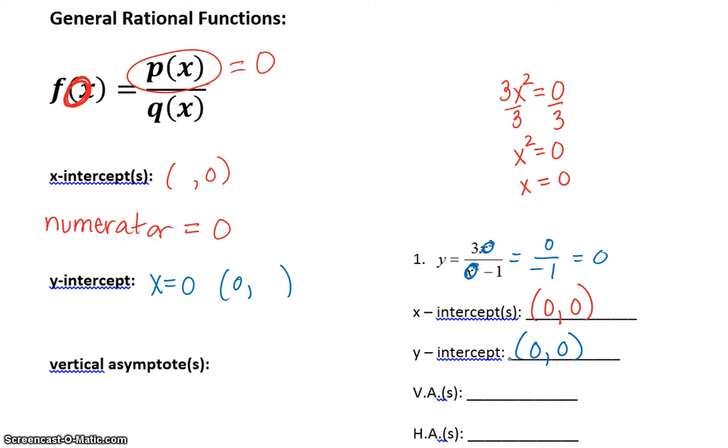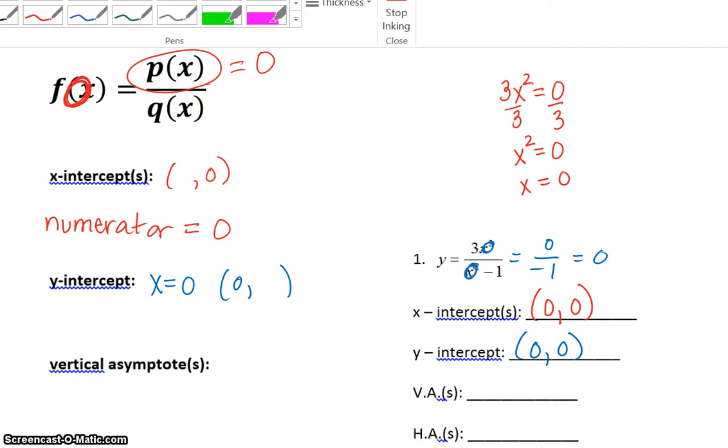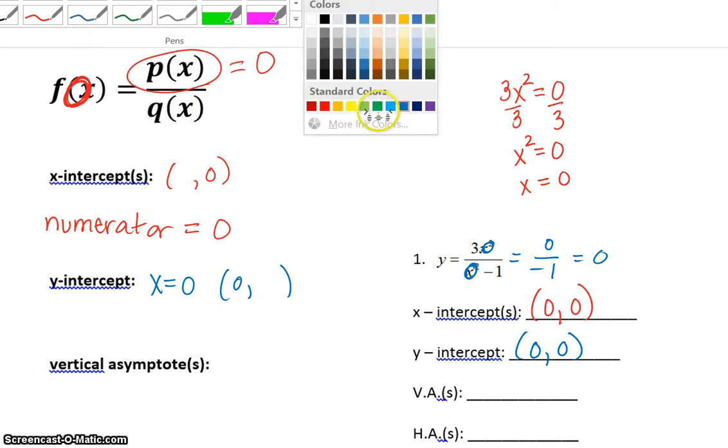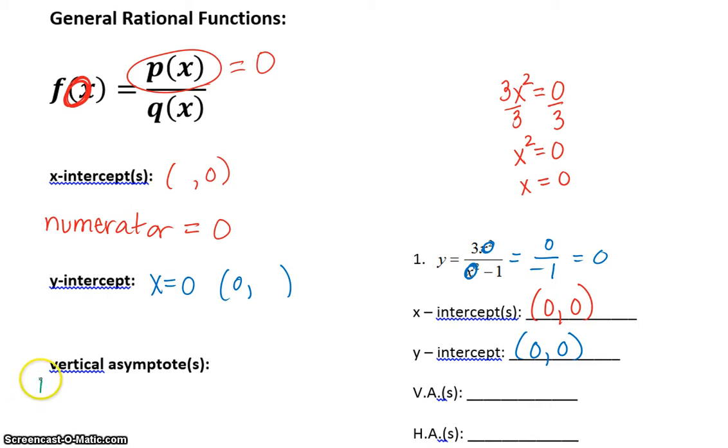Okay, vertical asymptotes. Vertical asymptotes, if you remember from doing these in the graphing calculator, are these vertical dotted lines that the graph never touches. So these are x's that the graph never touches. Okay?